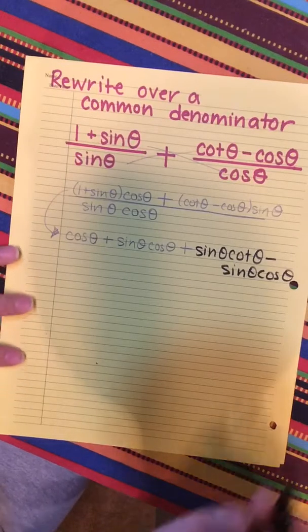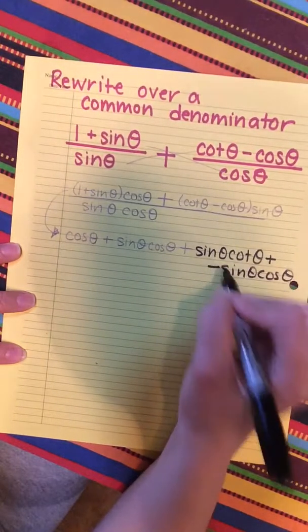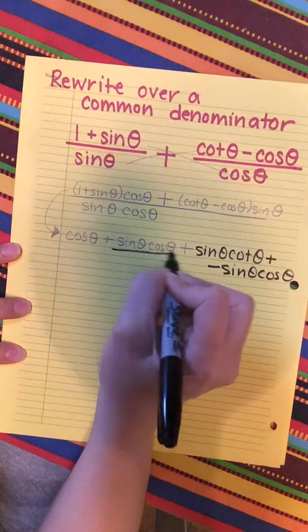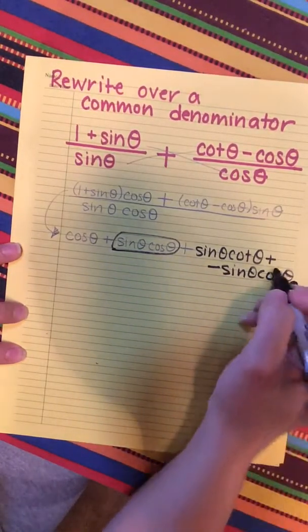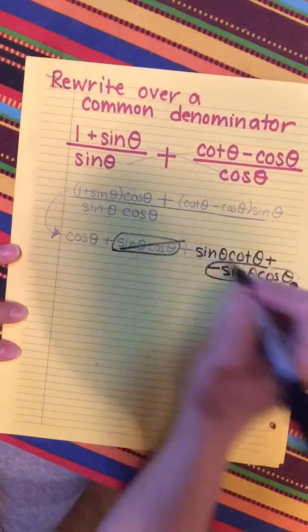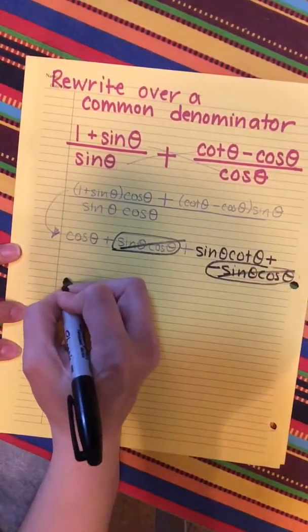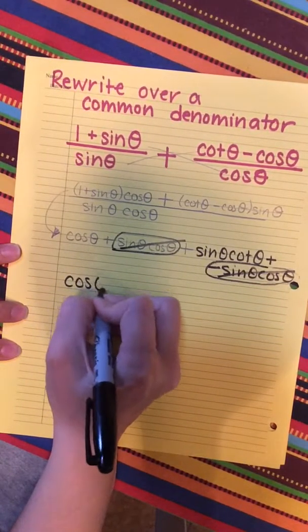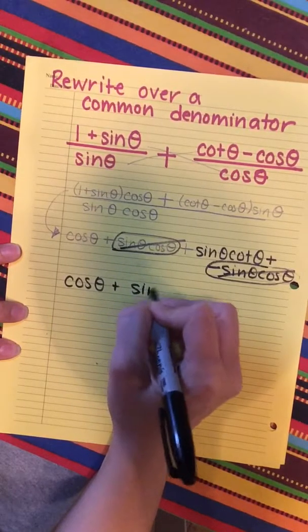All right, so I'm actually going to make it like that so that this looks really obvious. We have a positive sine of theta, cosine of theta, and a negative sine of theta, cosine of theta, so those two cancel each other out. So on the numerator, we have cosine of theta plus sine of theta.